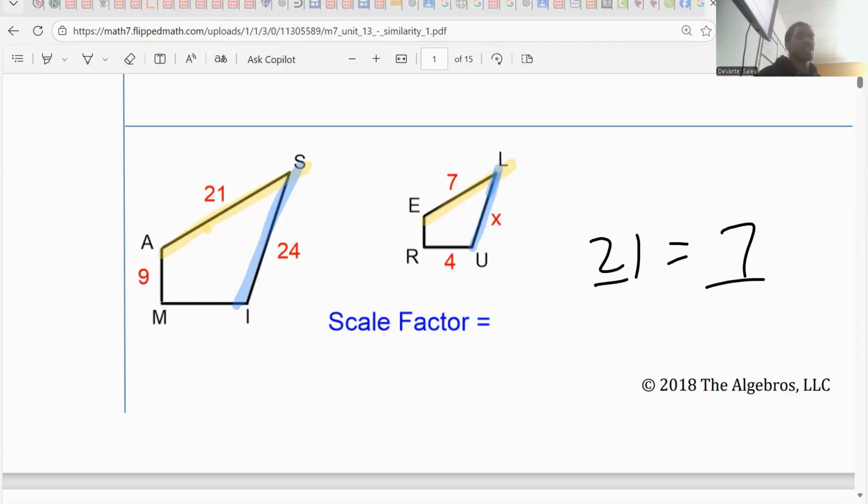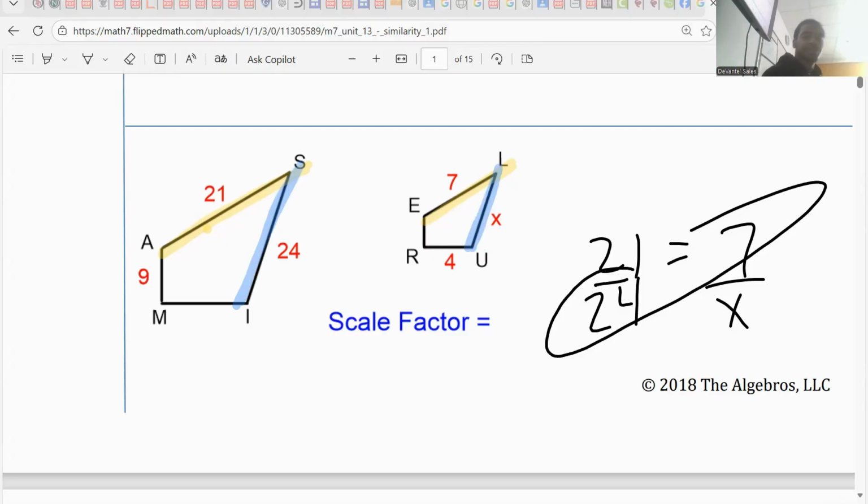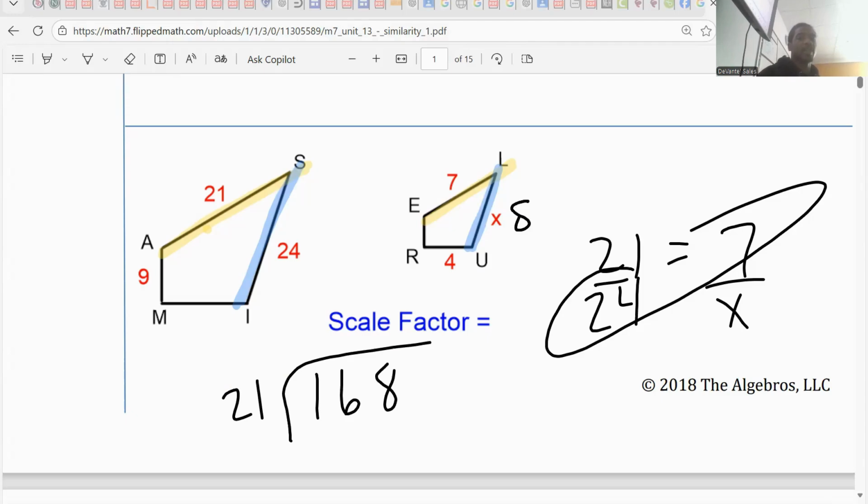You can put those equal to each other so that I can find X. If I want to set up a proportion using similar sides, this is one that I could use: 24, then we've got X. Somebody real quick, what's 24 times 7? It's 168. And then 168 divided by 21 is 8. So that's one way I could have gotten 8 for X.